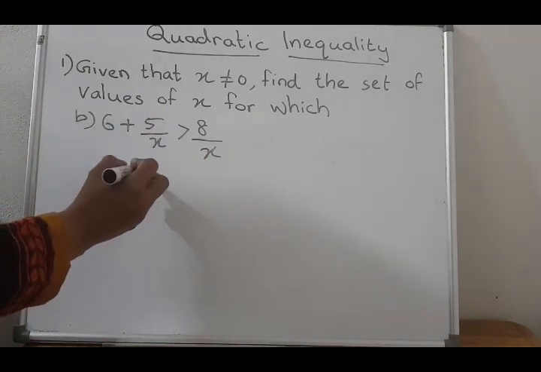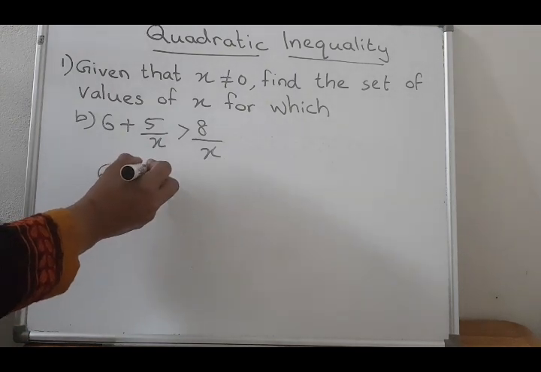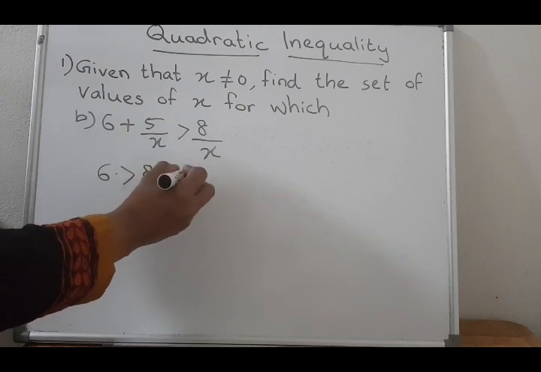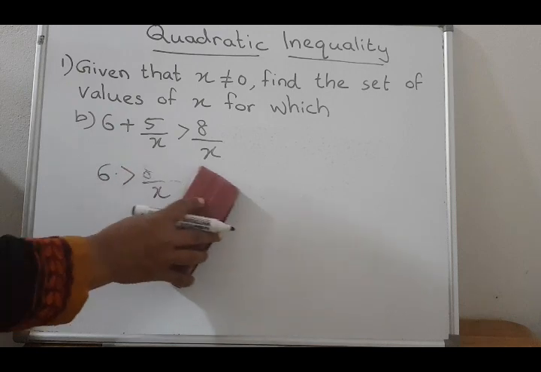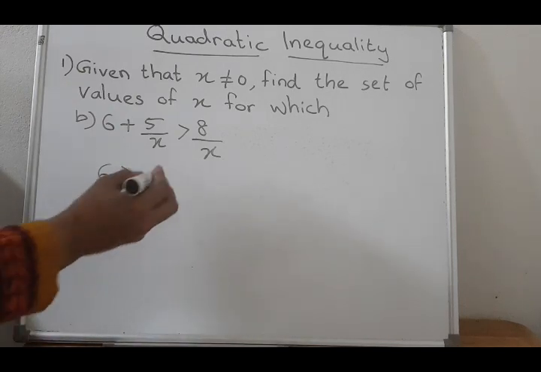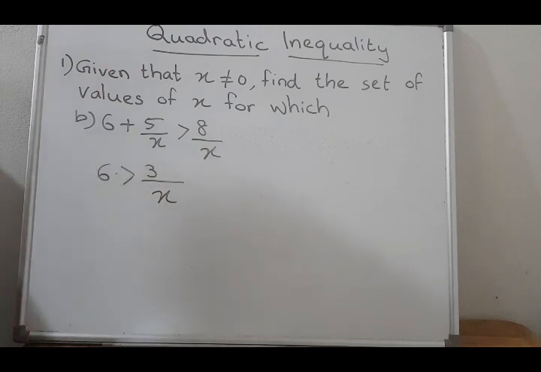So this becomes 6 greater than 8 divided by x minus 5 divided by x. That is 8 minus 5 divided by x. That is 3 divided by x. So we can write it as 6 greater than 3 divided by x.